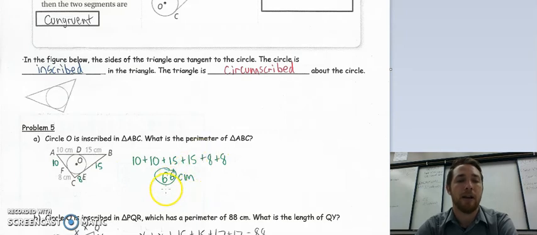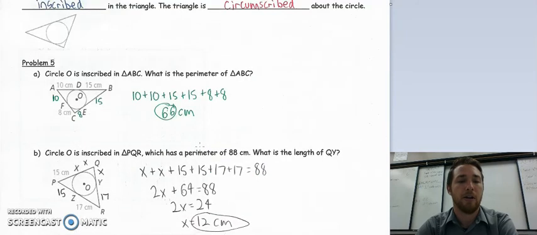So same idea with that next one. Again, go ahead, see if you can try it before we get to it. But looking at that one now, if I have a perimeter of 88, now we're just going backwards. We're not finding the perimeter, we're finding a missing measurement here. If I don't know QX or QY, I'm using the same fact.